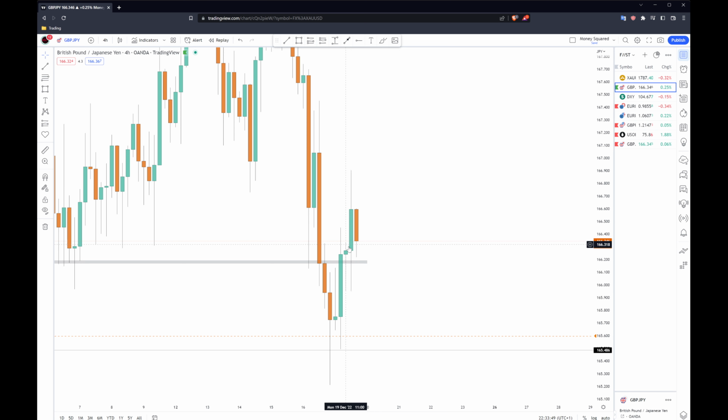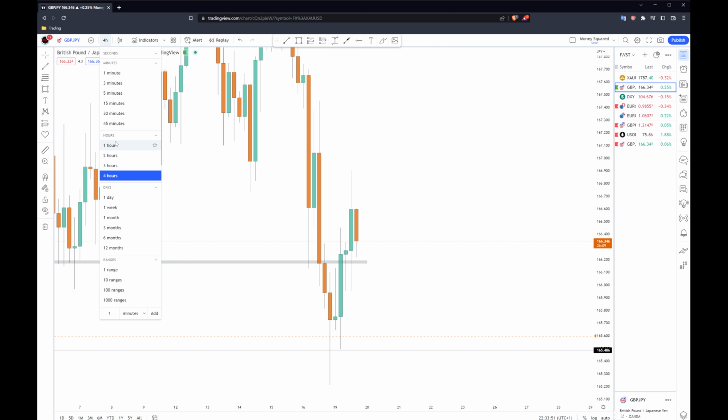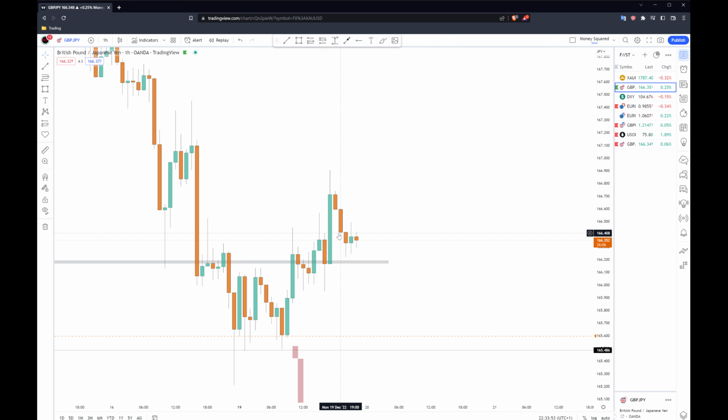But then obviously, for example, it should be at 3 o'clock from here, then we break the lows, then we kept going up, and then we got rejected here, so we create this whole wick on the 4-hour candle.